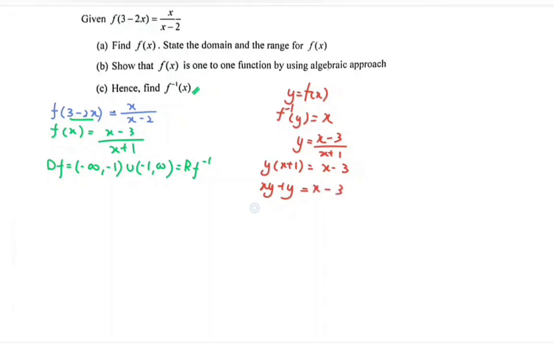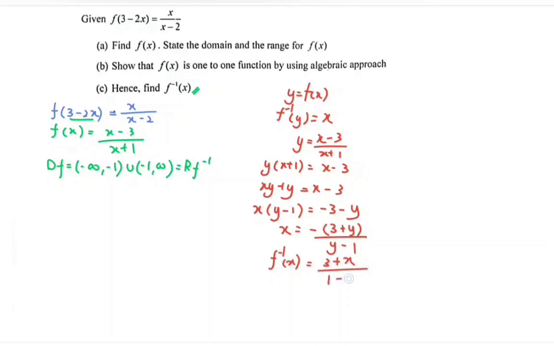Kindly rearrange the situation. x(y minus 1) equals negative 3 minus y. So x equals (negative 3 minus y) which becomes (3 plus y) over (1 minus y), after multiplying by negative. So f inverse of x will be equal to (3 plus x) over (1 minus x). So that is the f inverse.